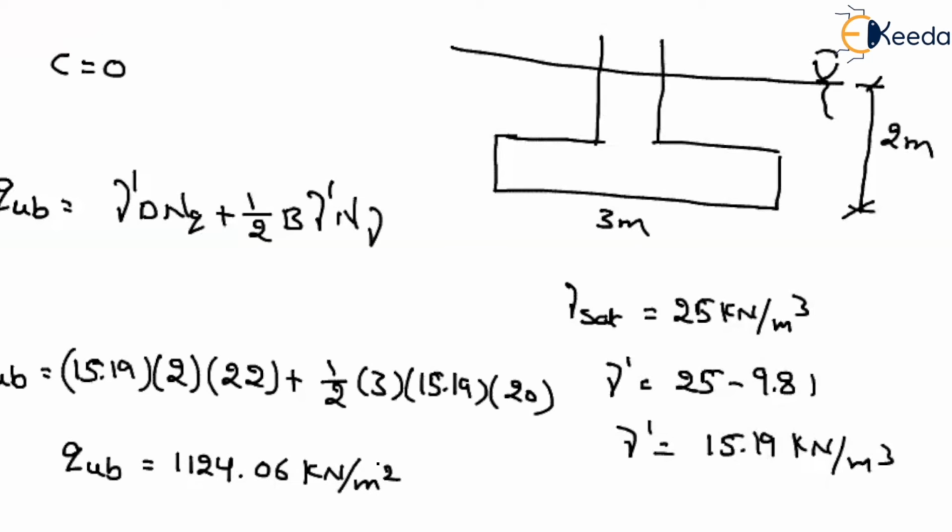Here our motive is not to find the ultimate bearing capacity. Our motive is to find the factor of safety. If you remember, factor of safety is always applicable to the net value. It should not be applied to the gross value. So if you know the ultimate bearing capacity, what is the net bearing capacity?